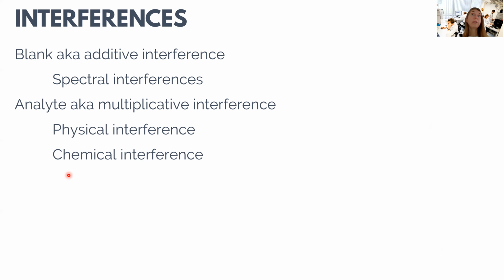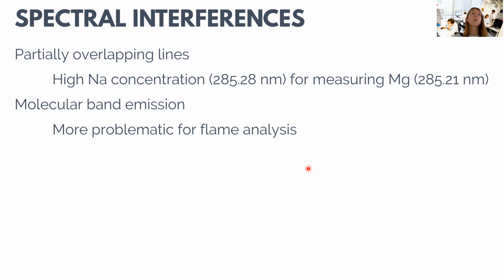Blank or additive interferences are interferences that are independent of the analyte concentration, and as the name suggests, blank interferences can theoretically be taken into account if we would have a perfect blank. Analyte interferences, however, are interferences which depend on the analyte concentration, and they are divided further into physical and chemical interferences.